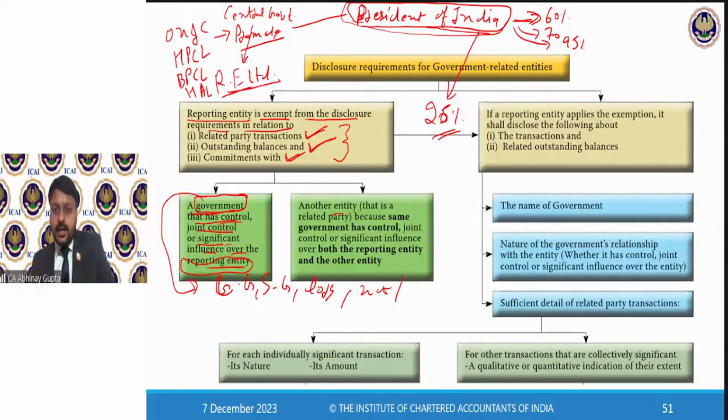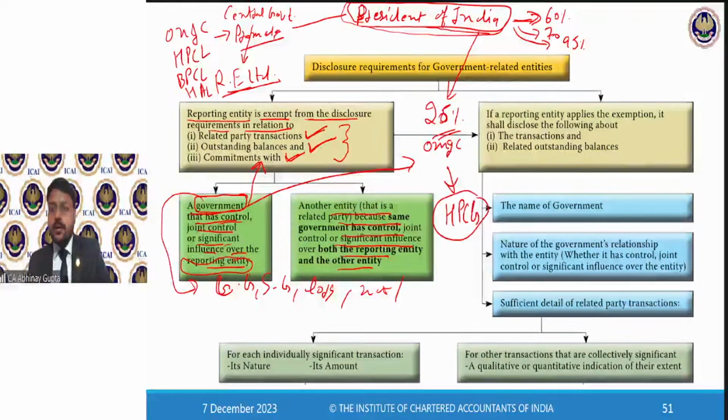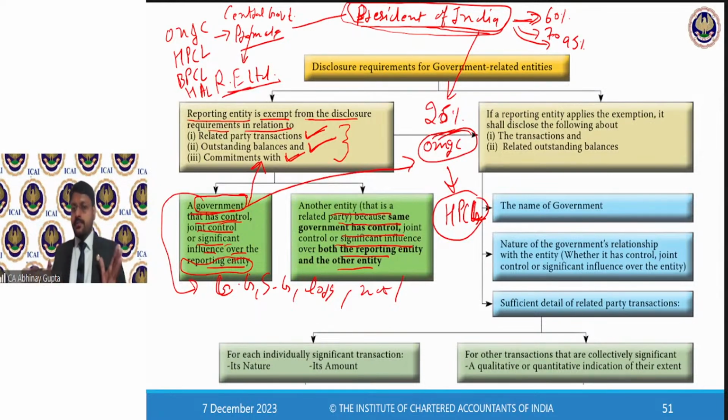And another entity is a related party because the same government has control, joint control, or significant influence over both the reporting entities. Now, one is a transaction with the government and another is a transaction with another government-owned entity. For example, a transaction between ONGC and HPCL, because both are government-owned companies.